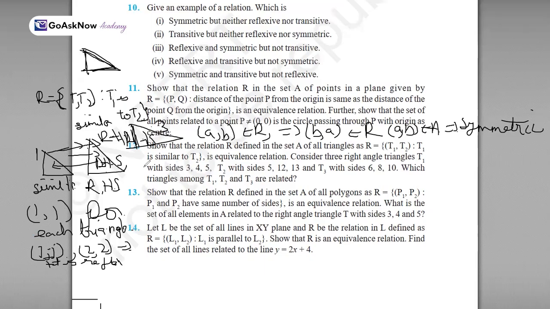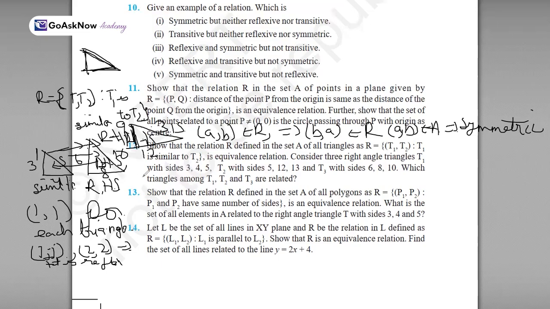So if I take, for example, the triangle with sides 3, 4, 5, and this one 6, 8, 10, and this must be 9, 12, 15.